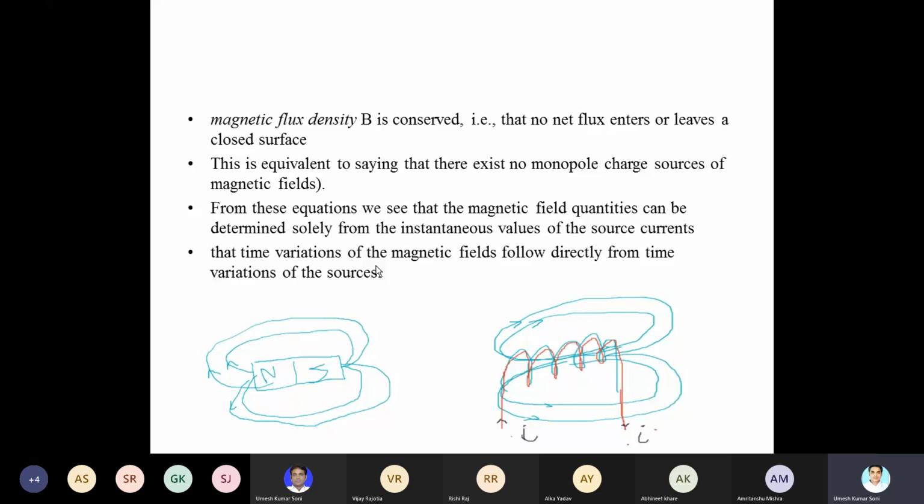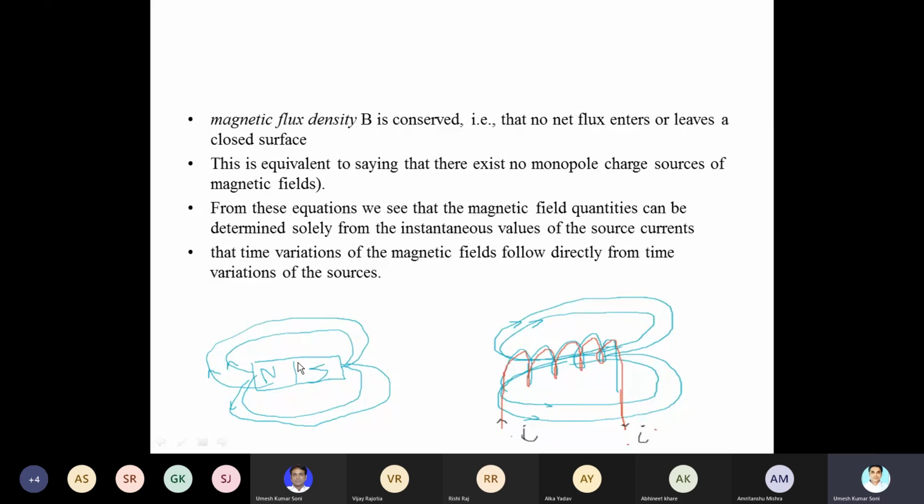Such as you have seen in converters and ferrite cores, we change the currents each time, and the flux also changes each time, even at very high frequency. The time variation of the magnetic field follows directly from the variation of the source.